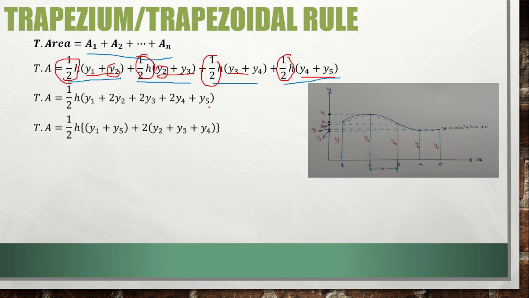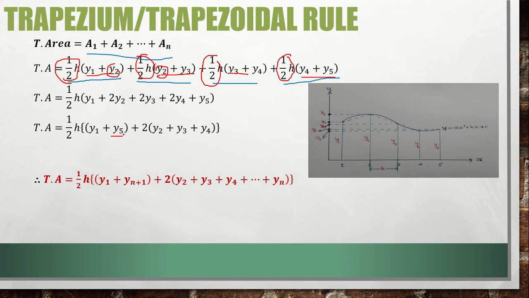But from this, notice that we know that the number of strips plus 1 is equal to the number of ordinates. So I can simplify this now, because not all times will I have 5 ordinates. I'll be having, for example, 2 ordinates, 10 ordinates, depending on the format of the equation.